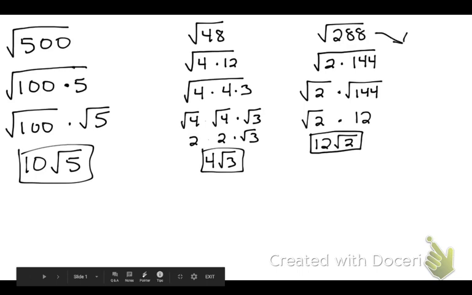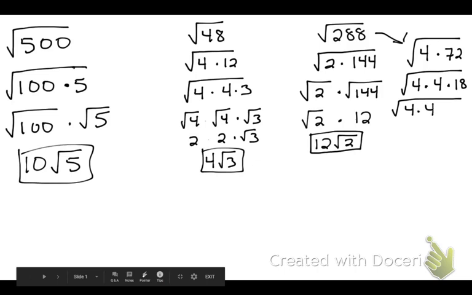Some of you may have thought of it this way. You might have broken it down as 4 going into 288. That would be 4 times 72. And if we focus just on perfect squares, well, 72 is 4 times 18. And this looks like a complicated way to do it, but it's really not too bad because 18 is 9 times 2.